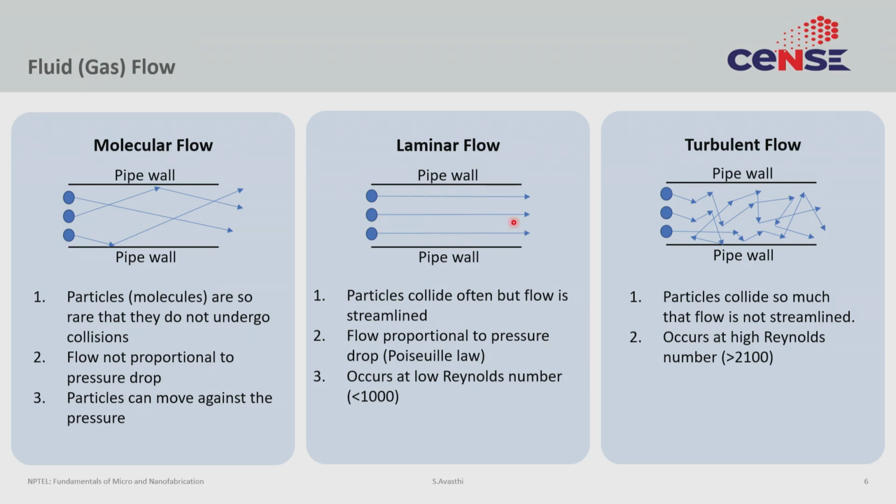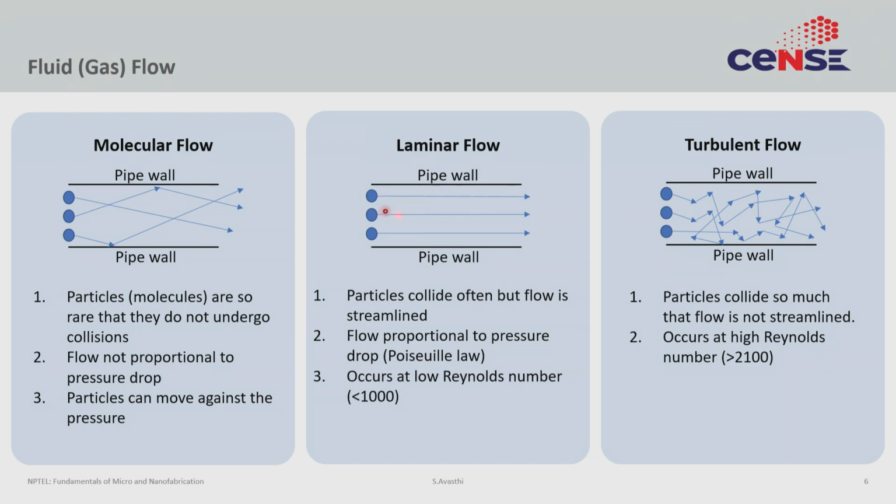So, that is what the laminar flow means. So, this particle will flow sort of parallel to other particles and along the shape of the tube. This occurs at low Reynolds numbers and the flow is proportional to the pressure. So, the amount of mass transfer from left to right will depend upon how much pressure you apply from left versus right.